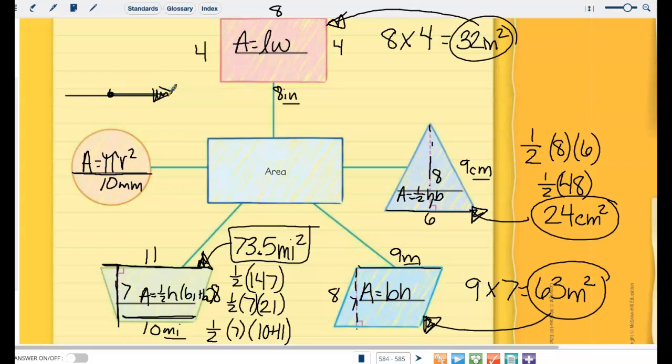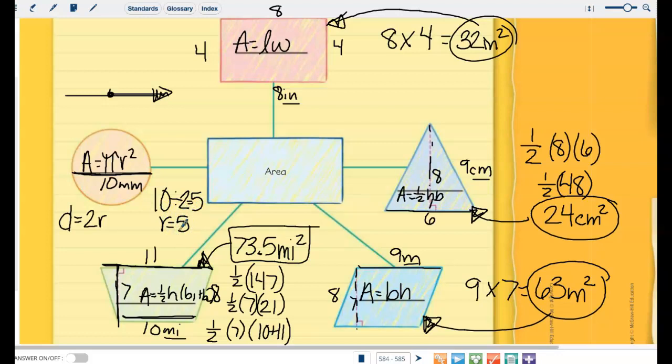So, looking at that circle that I'm given, it goes clear across the circle, so I'm given the diameter. So to find the radius, I would need to figure out what half of that diameter is. So I would take 10 divided by 2 to get my radius, which is 5. So my radius equals 5.